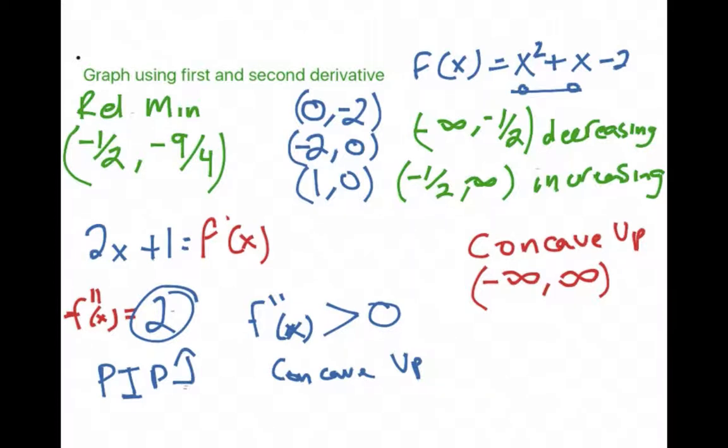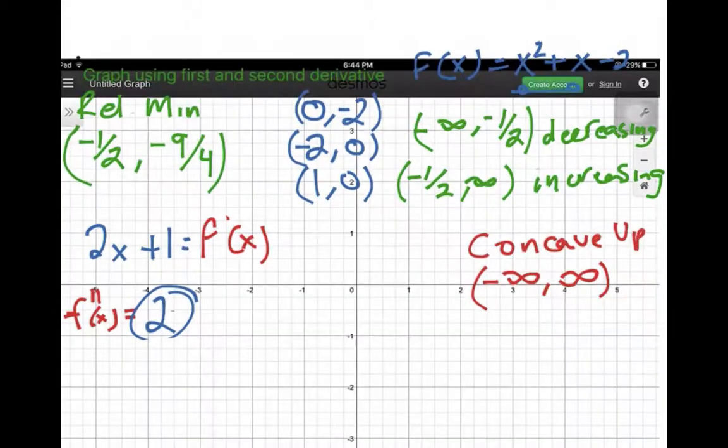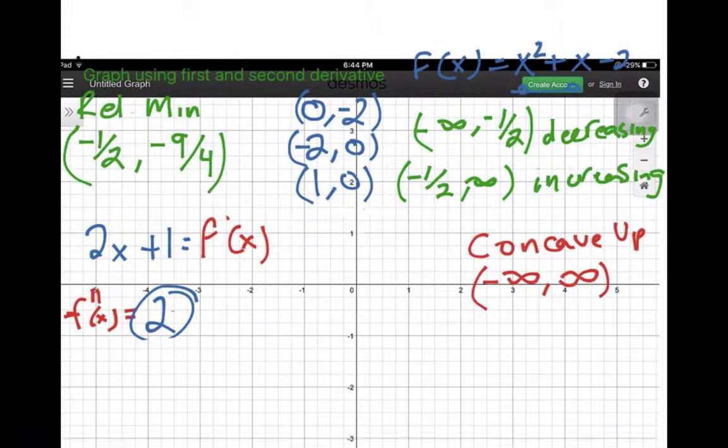So now, given all this information, let's see what we can graph out. If we clean up the board a little bit and quickly insert this graph, now that we have our axes at the back, let's try to graph out what we have.